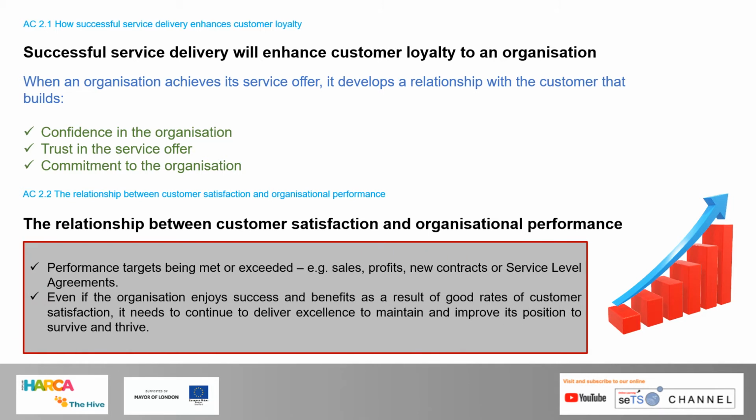Performance targets being met or exceeded, for example, sales, profits, new contracts or service level agreements. Even if the organisation enjoys success and benefits as a result of good rates of customer satisfaction, it needs to continue to deliver excellence to maintain and improve its position to survive and thrive.